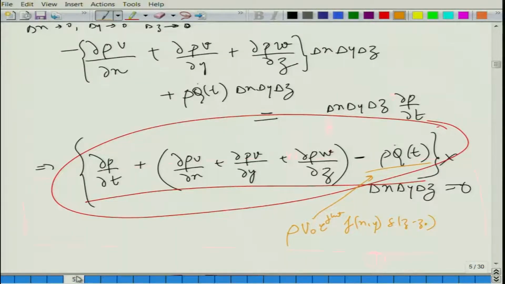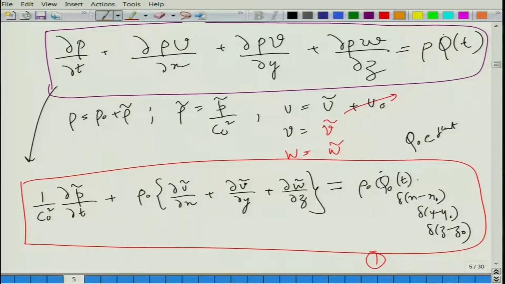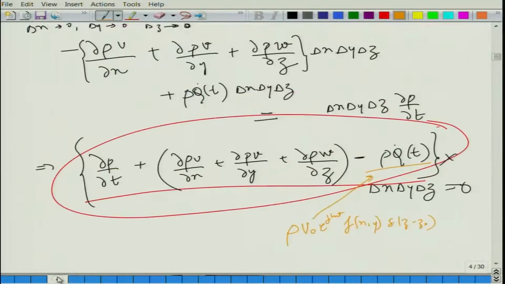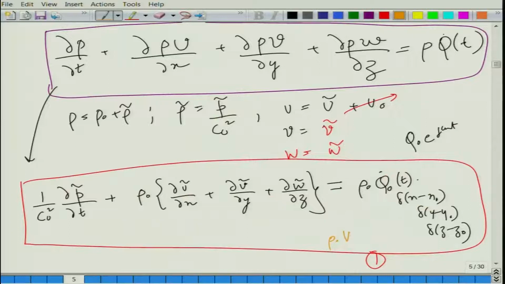As usual, these things will be there. So, instead of this we will have rho naught into u naught, and I would say like this f x y, something like this, and you will have this kind of a term.